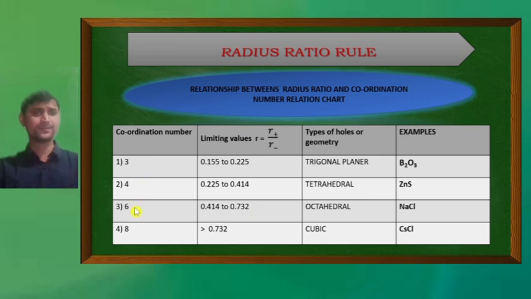If the coordination number is 6, the limiting values range from 0.414 to 0.732, the geometry is octahedral, and the example is NaCl. And the last one, if the coordination number is 8, the limiting value is greater than 0.732, the geometry is cubic, and the example is cesium chloride.